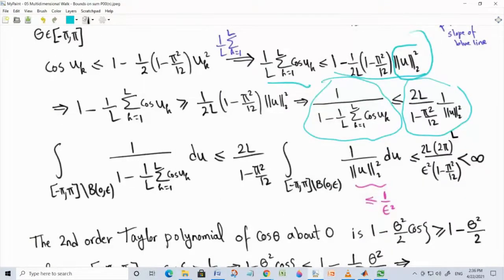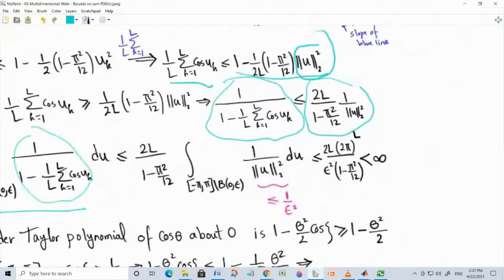Now let's go to the second integral, in which there are no problems, the integral in which the origin is removed. The integrand is upper bounded by this constant times 1 over the L2 norm squared. Can the L2 norm squared be equal to 0 in this integral?